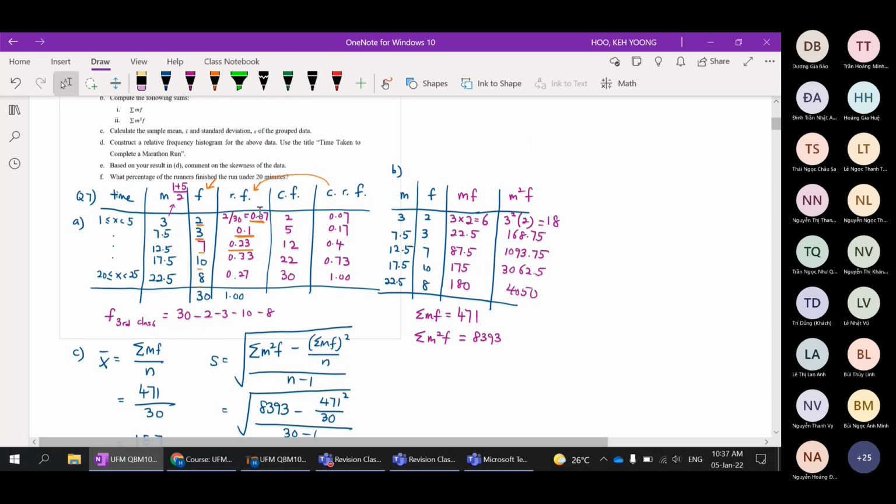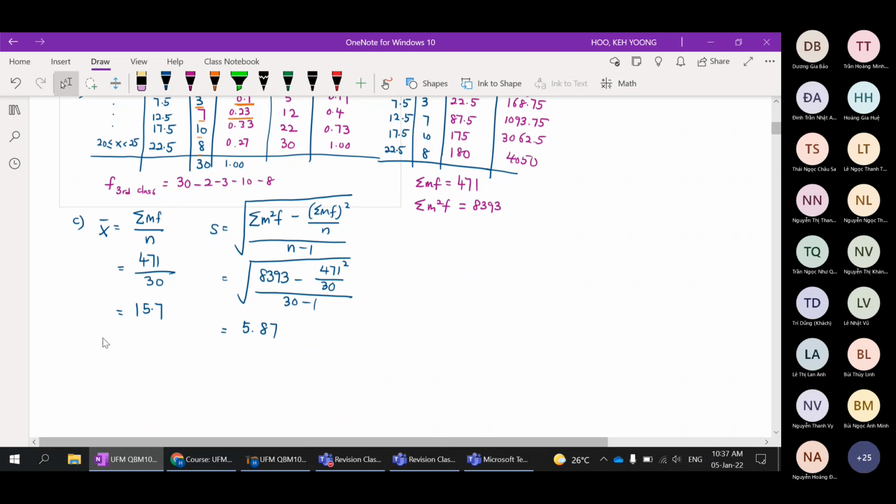Question D is to construct a relative frequency histogram for the above data and use the title given. So this question is asking for what type of histogram? Relative frequency histogram, which means the y-axis of the histogram should be relative frequency. Yesterday we sketched the histogram with the y-axis as frequency, but here we are using relative frequency.